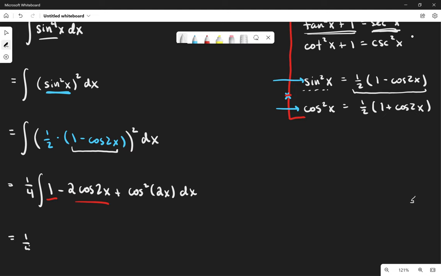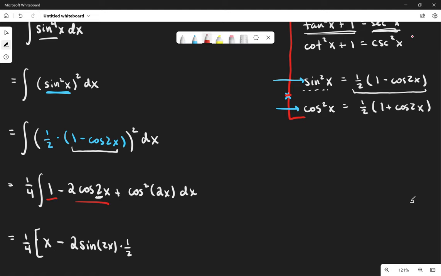I get 1/4, and I have x minus the integral of negative cosine is negative sine. So I get minus 2 sine 2x. But because of this 2x, I got to multiply by 1/2. That's part of this linear u sub thing.